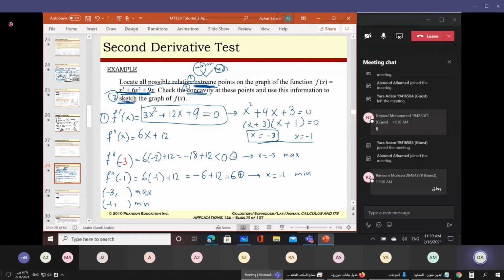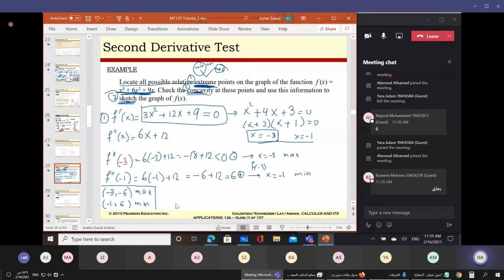Here f of minus 3 is 0, and f of minus 1, if I substitute, is minus 4. Okay, this will be the maximum and this will be the minimum. I will keep these points to use later in the graph.